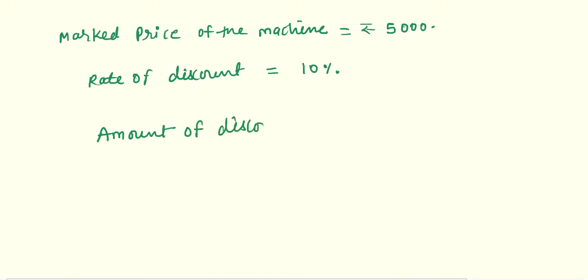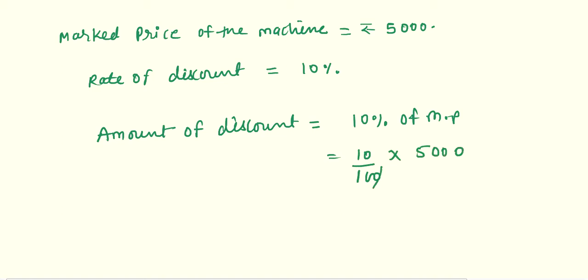As I told you, discount percent is calculated on MRP. So the amount of discount is 10% of the marked price. 10% means 10 upon 100, of means multiplication, marked price is 5000, so rupees 500 is the discount.